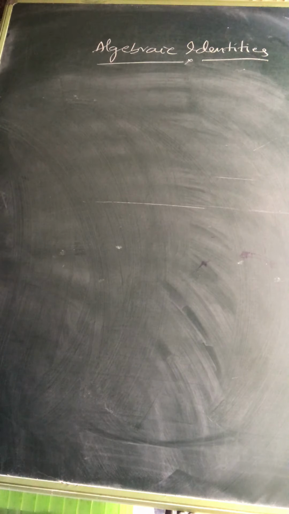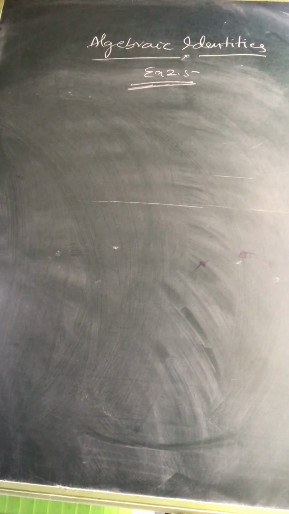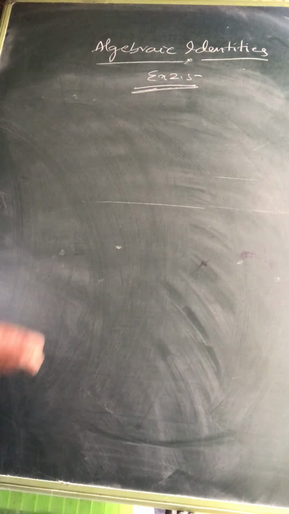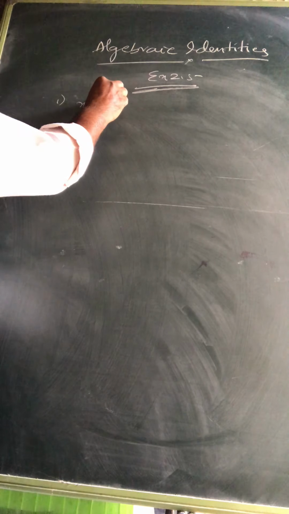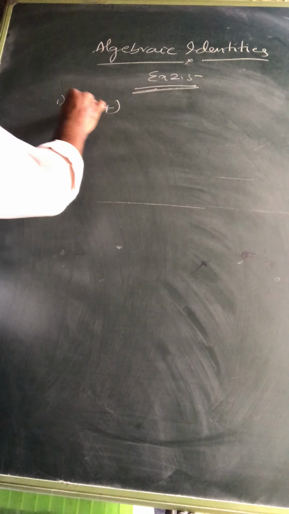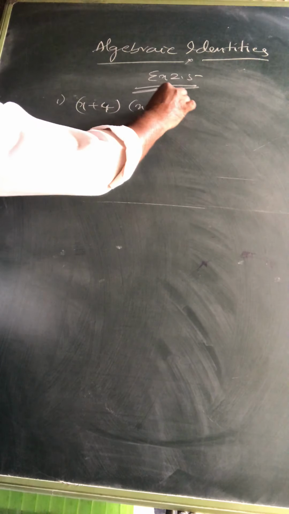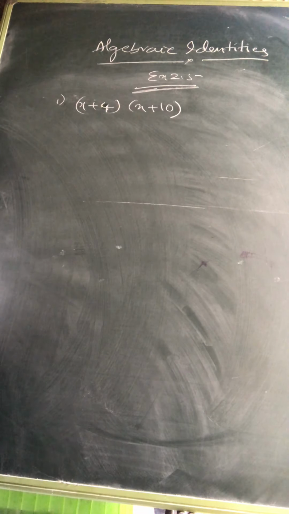Here he gave two factors and is asking us to find the product by using the suitable identity, not by actual multiplication. Yes, first one, (x + 4)(x + 10). It is in what form?